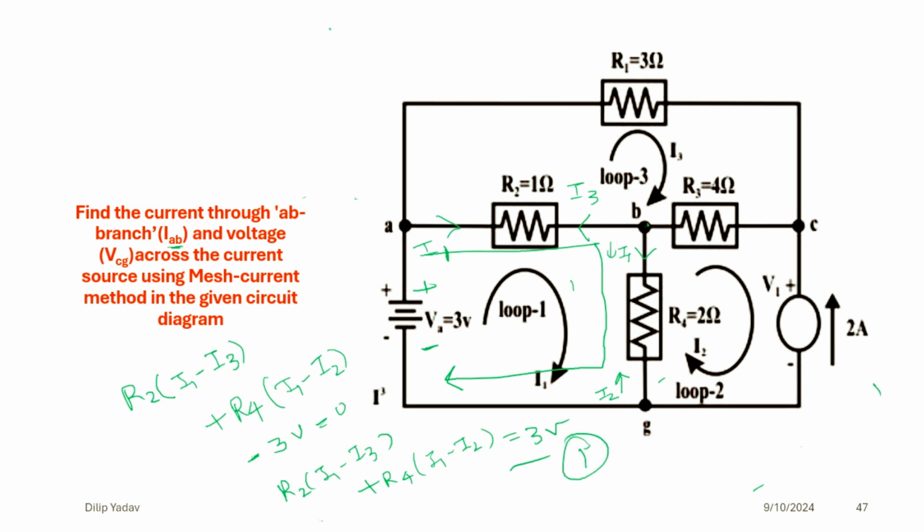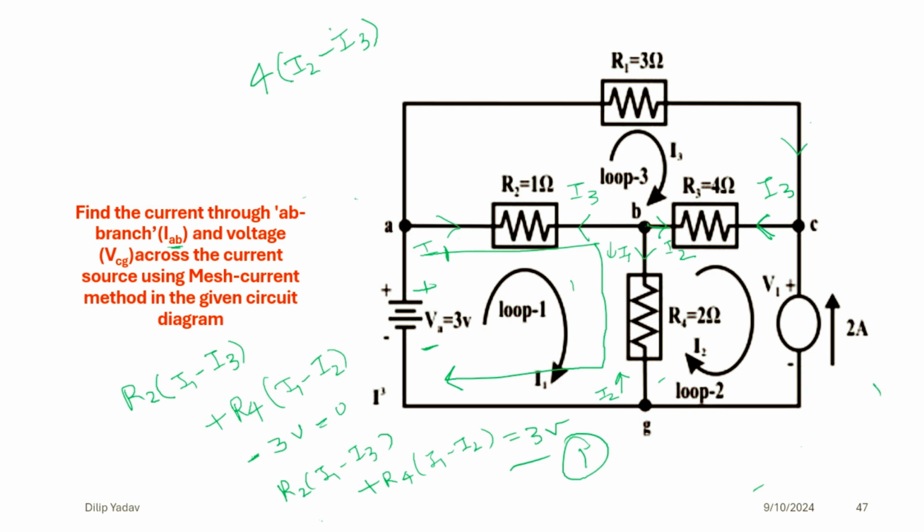Similarly, when we are going for the second equation, we are going to solve this. Now in this we said this was the R3 that is going. So in this I3 is coming from this point, and we said that the I2 is flowing in this circuit. So here it is I2. So what I will write is 4, that was the resistance, times the current that was going, I2, minus the current that came, that was I3, at this terminal.